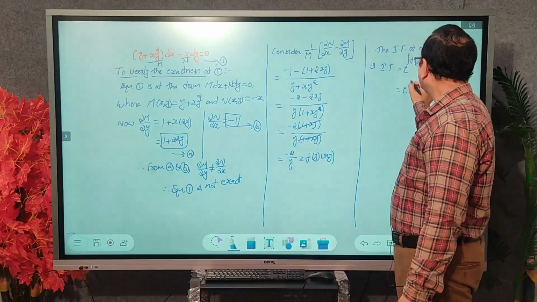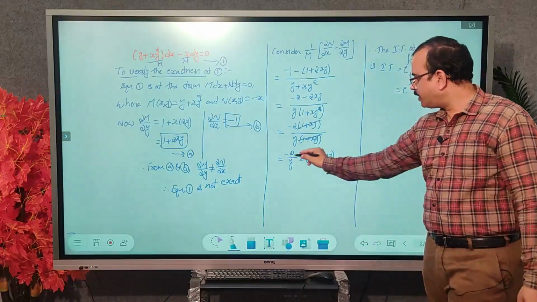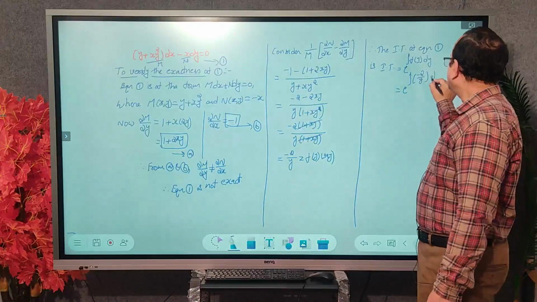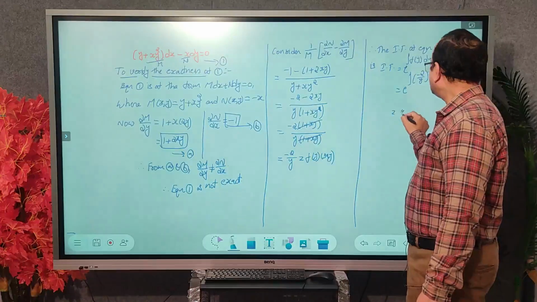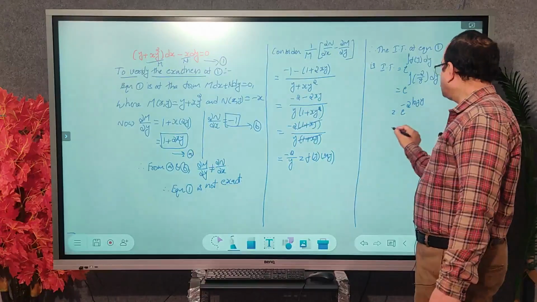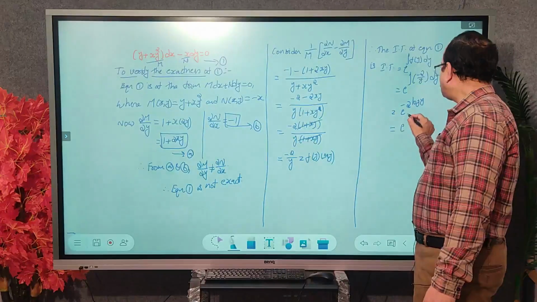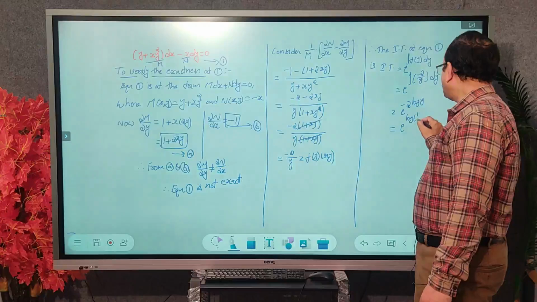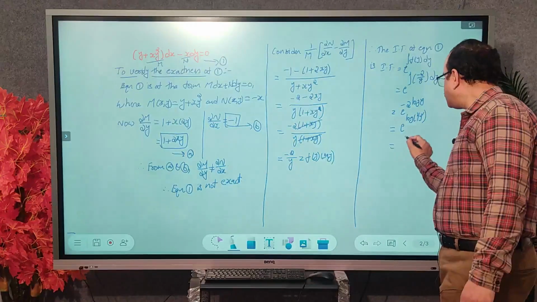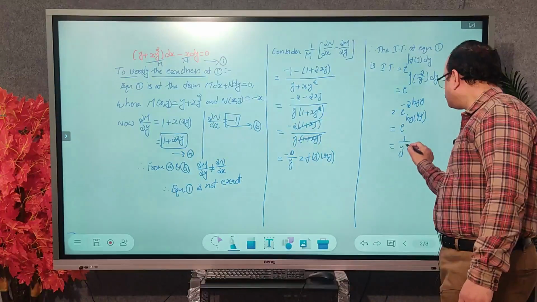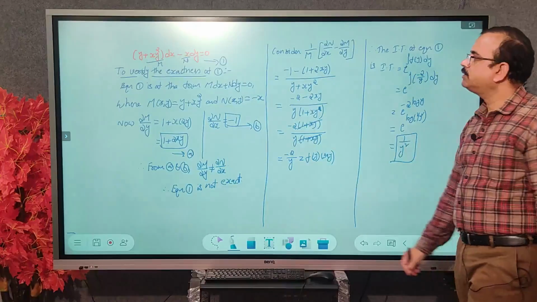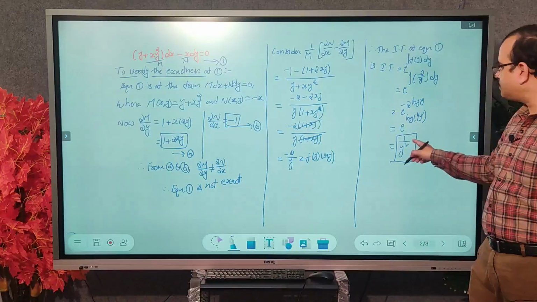So this is equal to e^(−2∫(1/y)dy), and the integral of 1/y is log y. So we can write it as e^(log(1/y²)), which gives us 1/y². Therefore the integrating factor is 1/y².